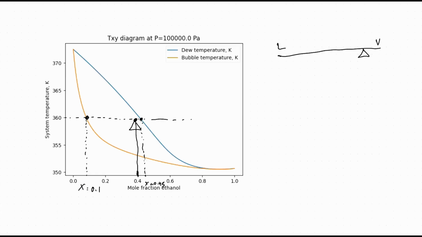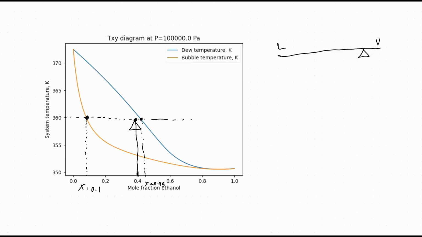In order for this to be balanced, which one has to be heavier? Well, the vapor. So the vapor has to be a larger component than the liquid, so much more that it balances out the weight of the liquid. In this case, we have a lot of vapor.